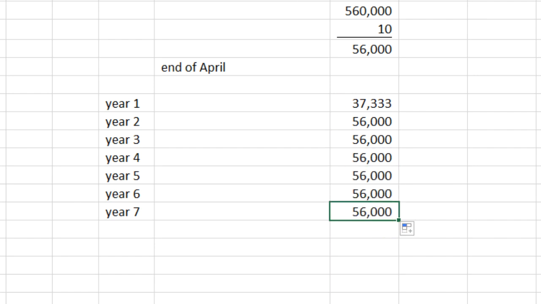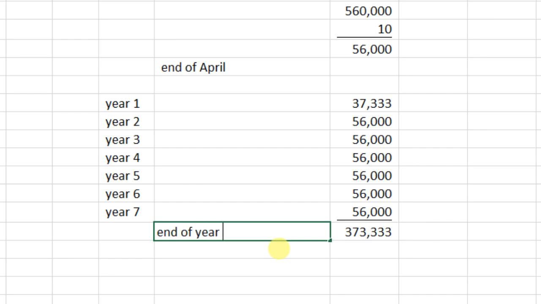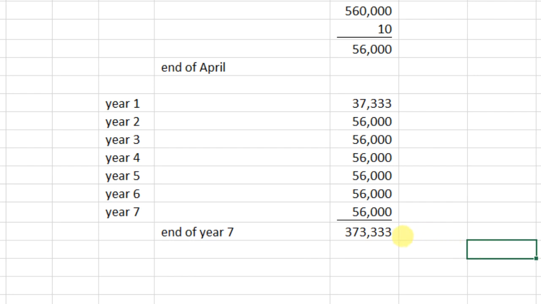So here are 6 full years and our first partial year of depreciation. So here's where we are, and I just want to make sure we know where this is. This is end of year 7. And this is our accumulated depreciation, end of year 7.